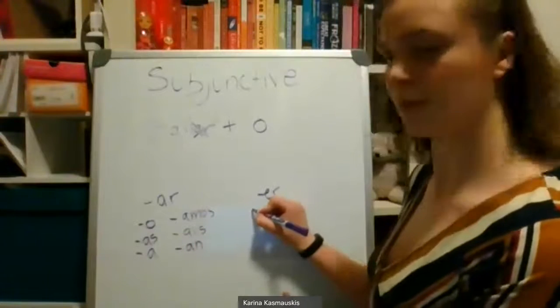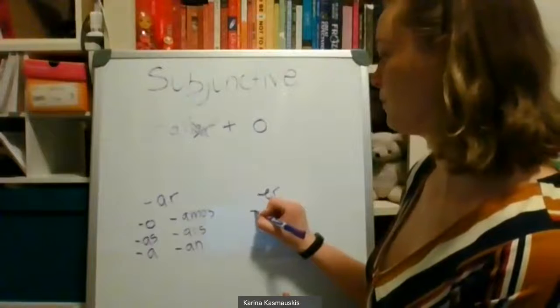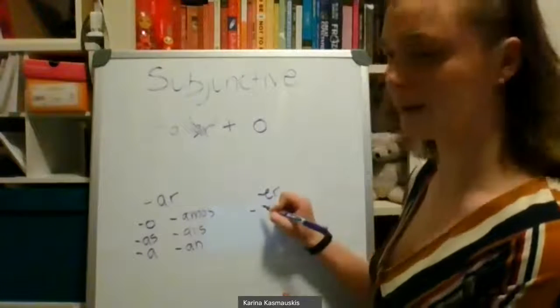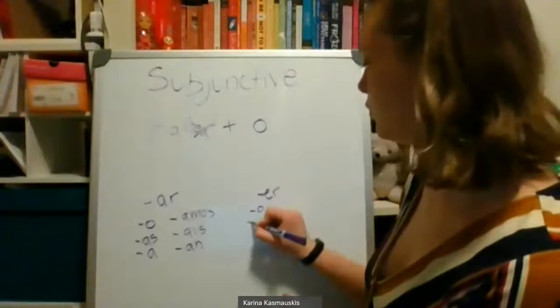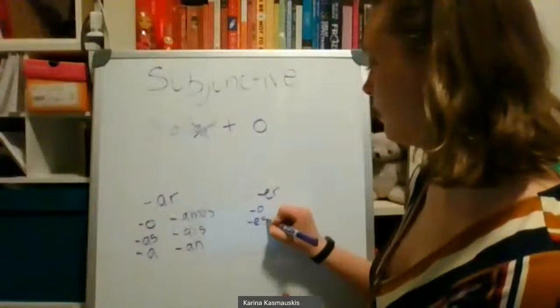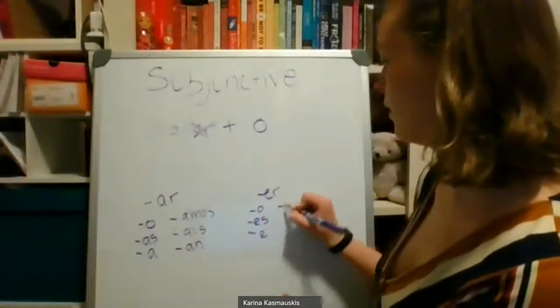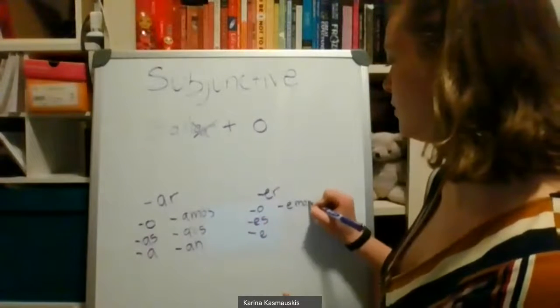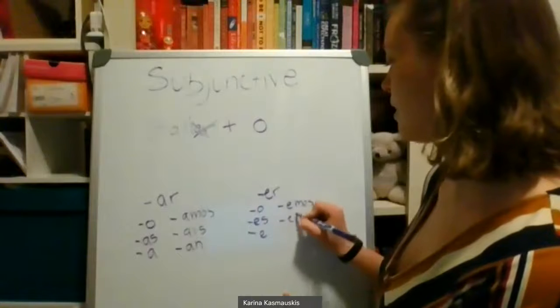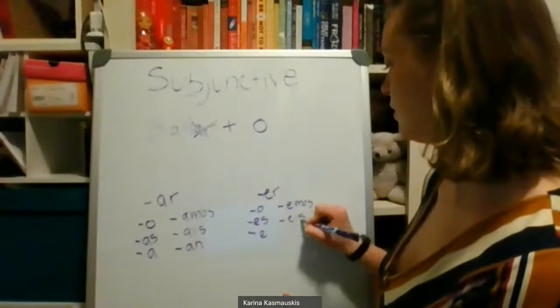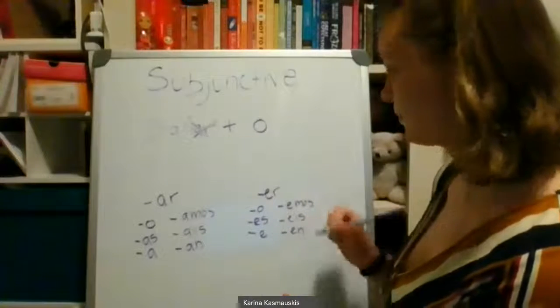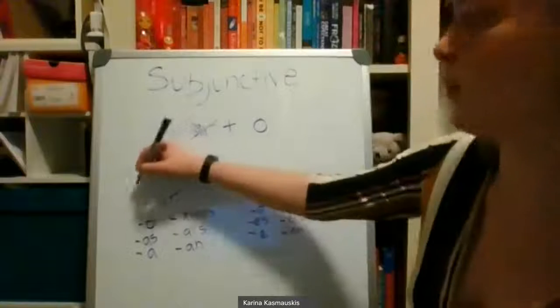For ER verbs, let's use comer as an example: yo como, tú comes, él come, comemos, vosotros coméis, and ellos comen. So these are the endings for present tense.